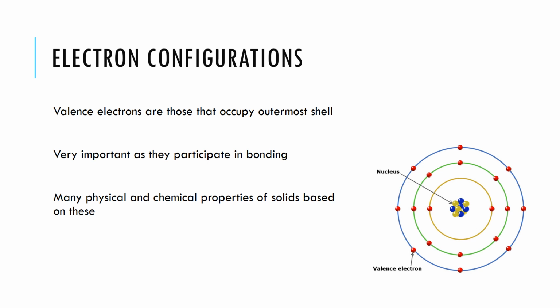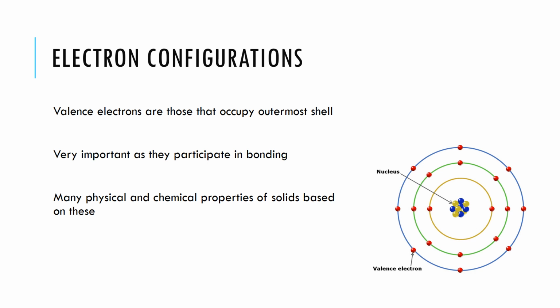Now, valence electrons are the electrons that occupy the outermost shell of an atom. And these are really, really important electrons because they're the ones that participate in bonding. So, dependent on how the outermost shell is filled in an atom, we may expect to find very different reactivity.